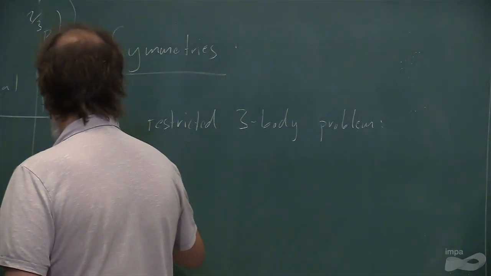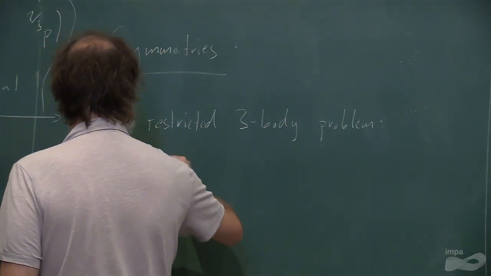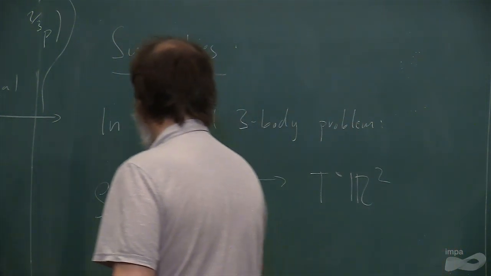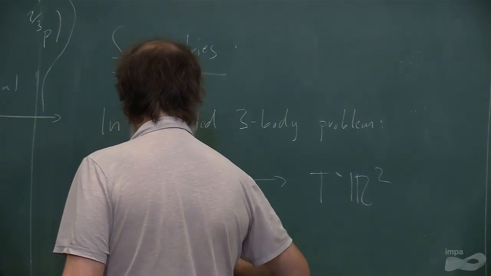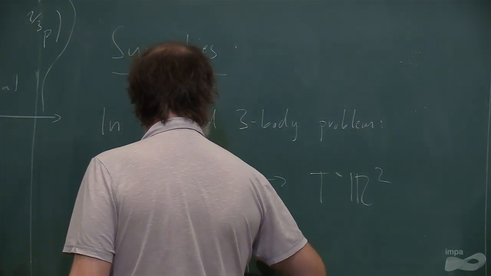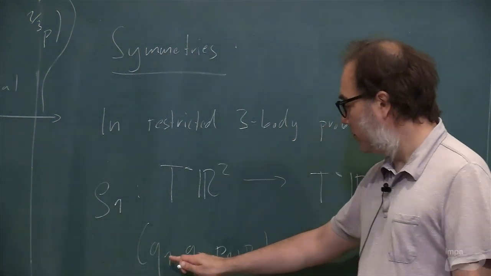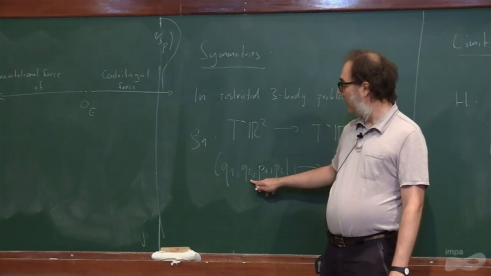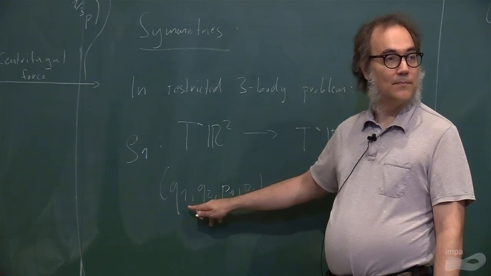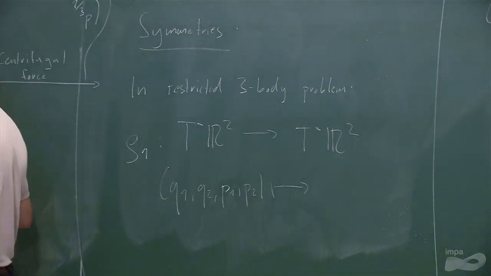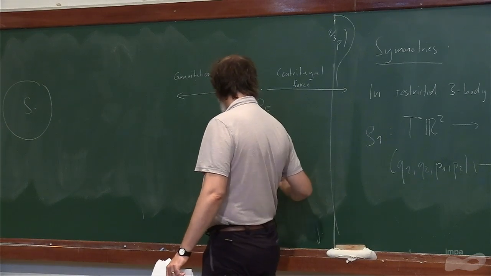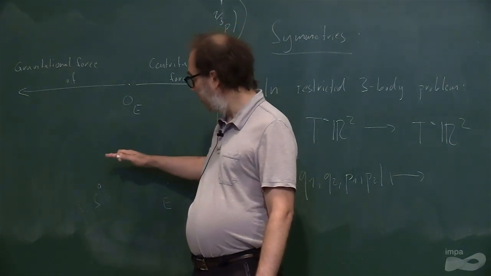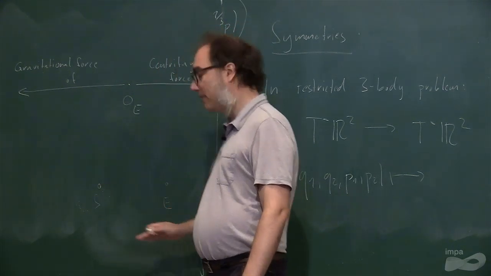we have the following antisymplectic involution, rho 1, from T star R2 to T star R2, (q1, q2, p1, p2). So what we do is a reflection at the x-axis, at q1. This we can do because the Sun and Earth both lie on the x-axis, so the whole system is invariant under this reflection.